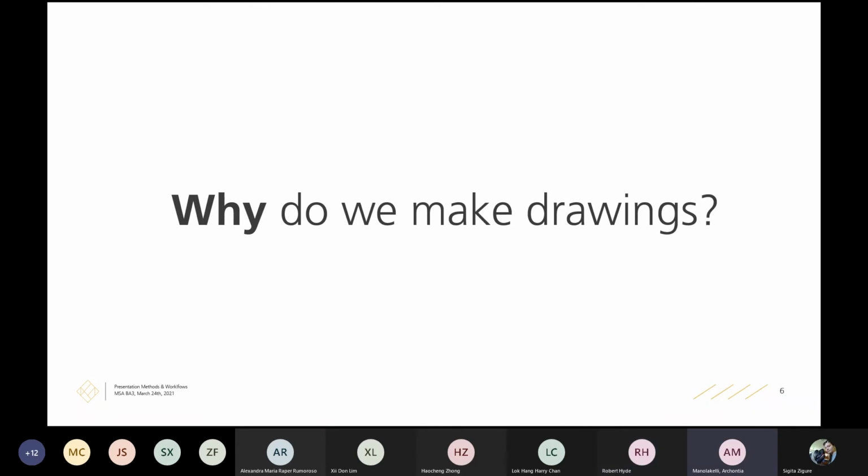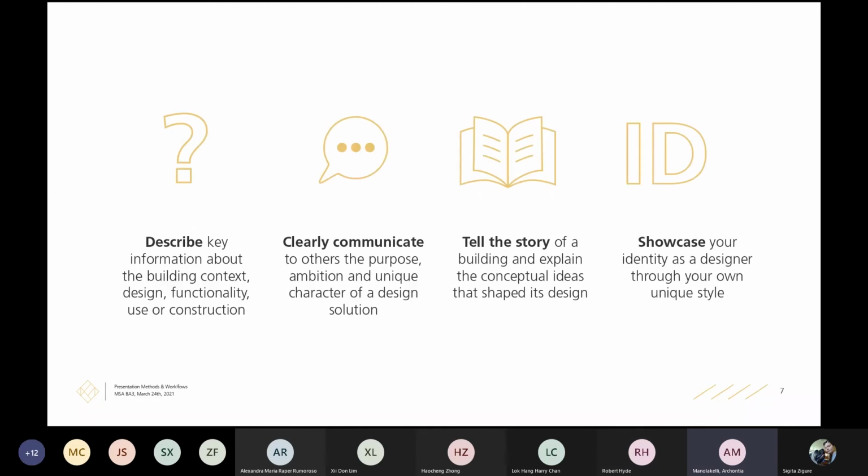So I'm going to move a little bit forward. I've pointed out four reasons here. One of them is, as you mentioned, to describe key information about the building context, design, functionality, use, construction. It's basically that idea of this is in my head, this is what I'm trying to tell you, so that you understand it as well.